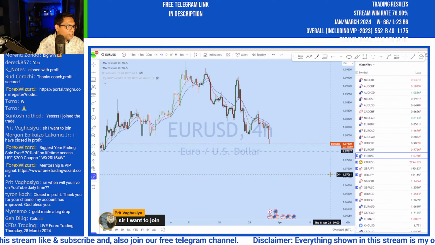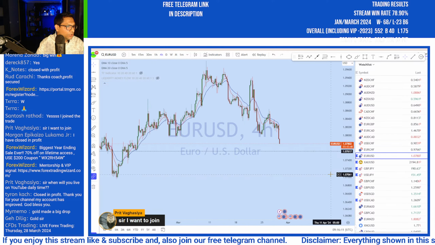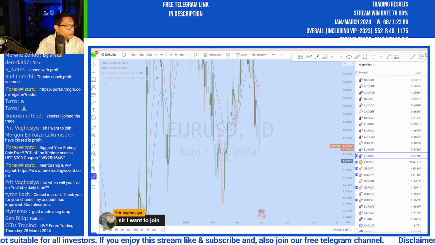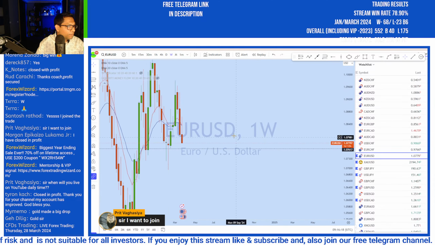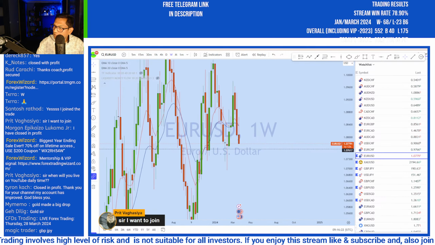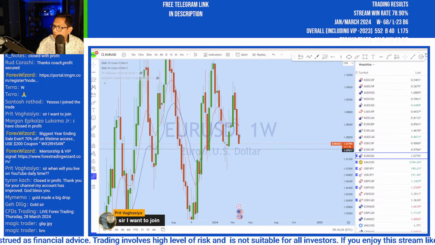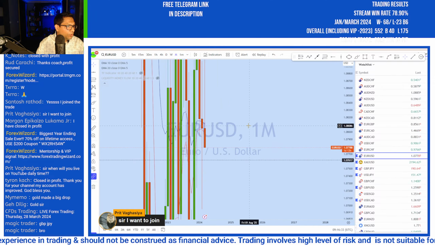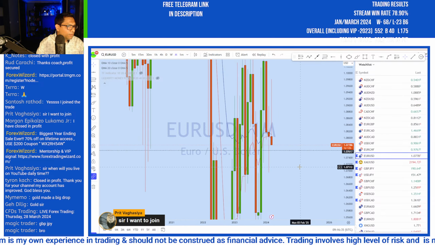So looking at this, we could see a good move. Looking at the weekly, a big drop. If we look at the monthly, we can see the price has just broken this monthly support.